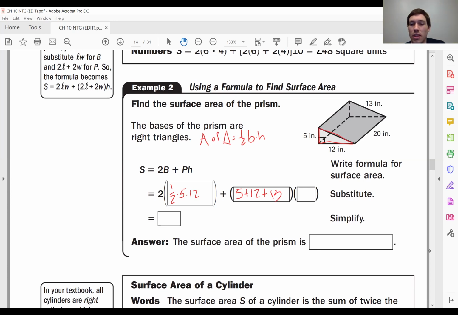Right? The perimeter of the whole thing times the height, which you said was 20.